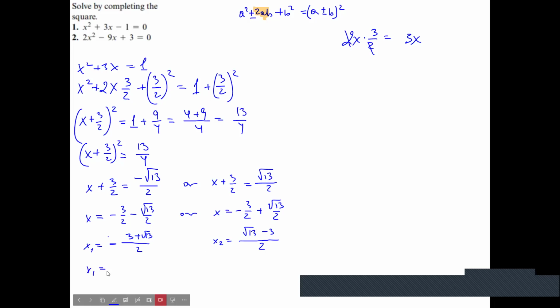Now let's calculate. Why? Because we want to double check, right? So 3 plus square root of 13 divided by 2, negative 3, 303. So here, square root of 13 minus 3 over 2. Let me double check because I don't want to make a mistake. Okay, everything's fine.